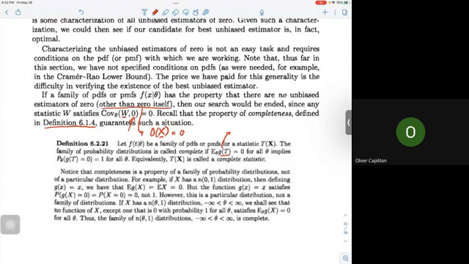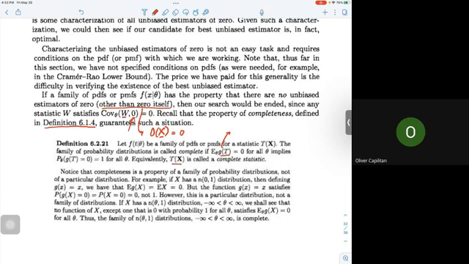Then equivalently, complete yung ating family of PDFs, then yung T of X, the function of our sample, is called a complete statistic. So may relationship yung completeness of the family of distributions and the completeness of the statistic.